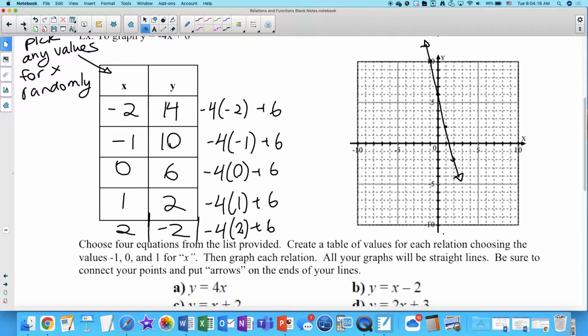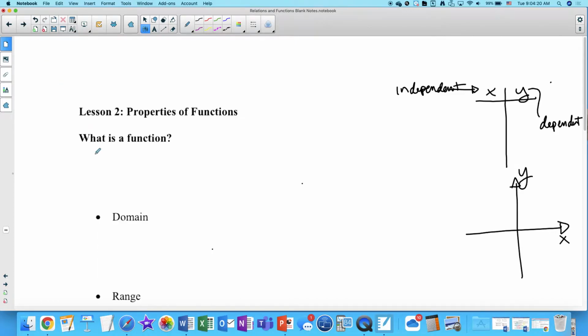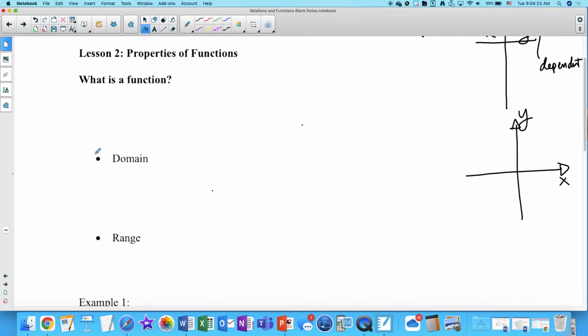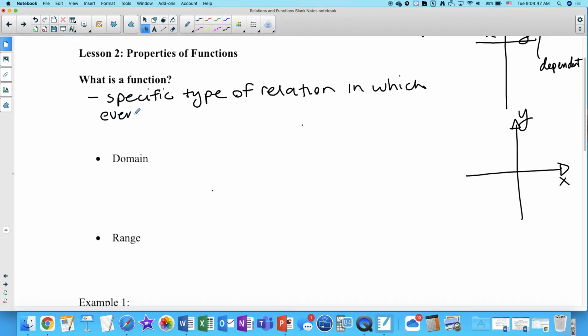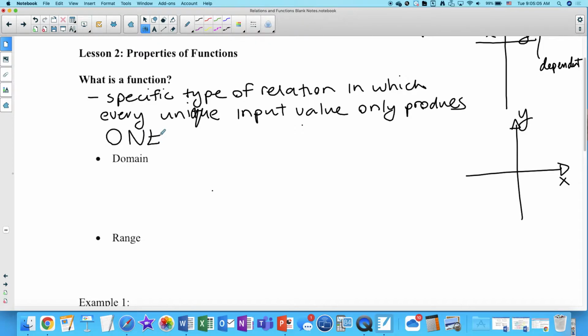Now, a function is a specific type of relation in which every unique input value, so like on Friday's example, those would be the x values, only produces one output value.